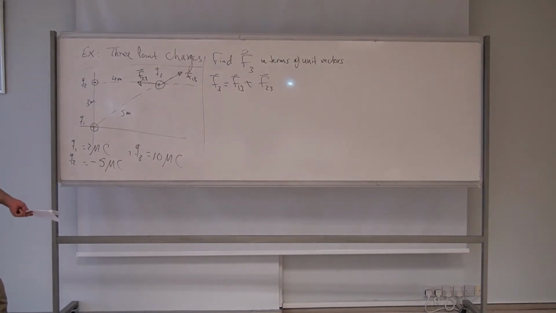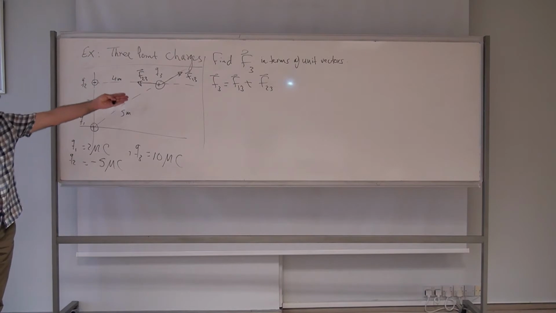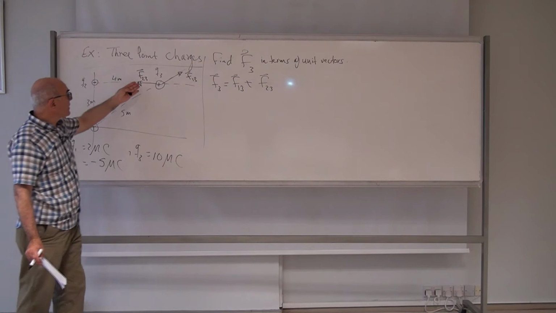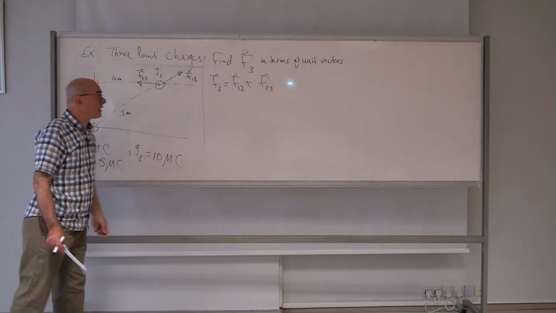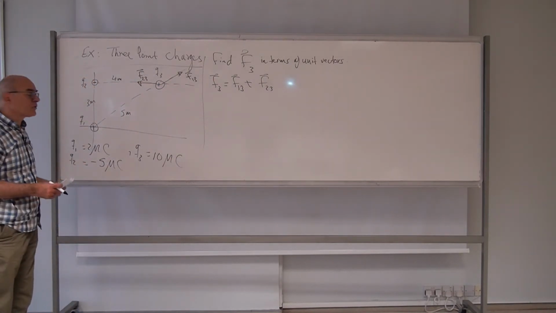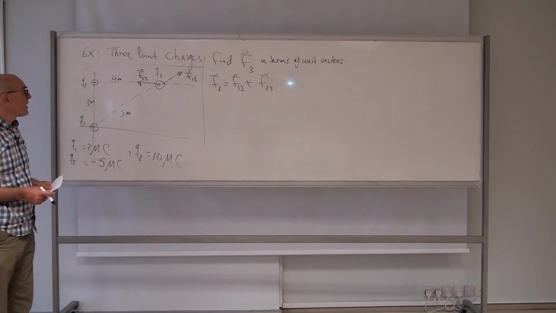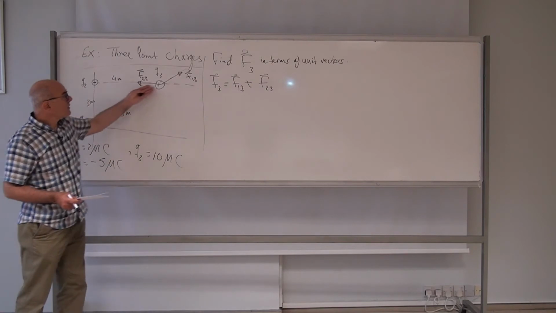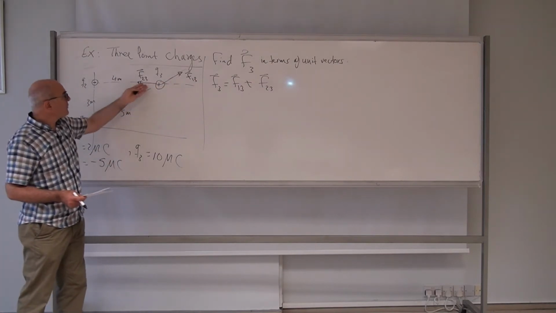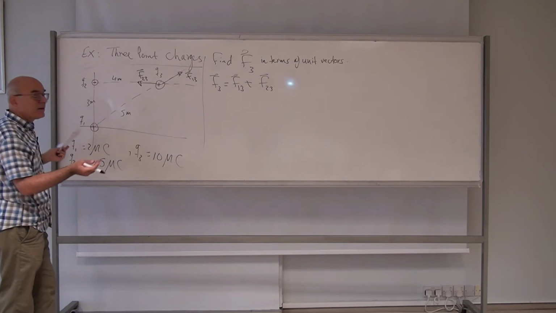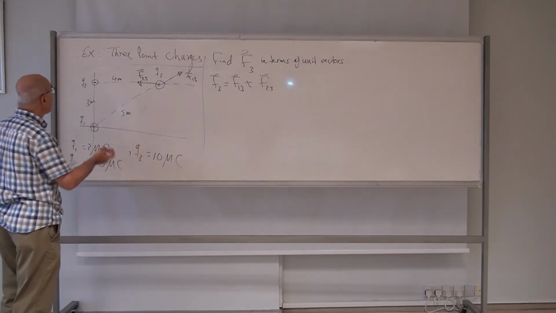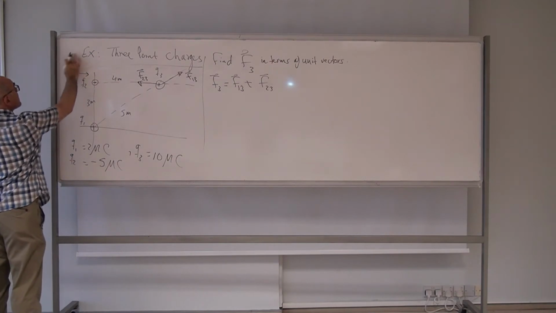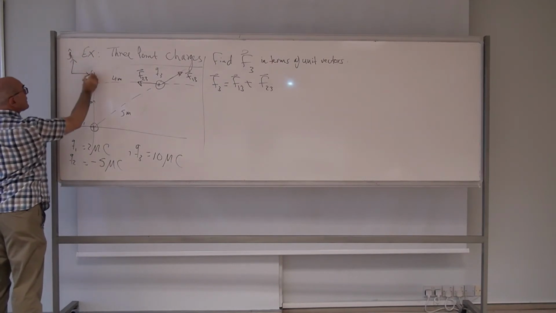Now, what I need is the vector form of F3. So I need to add up F23 and F13 vectorially. The best tool for this is to use unit vector notation, and therefore I have first to find what F23 and F13 are. F23 is already along minus i hat, because you remember this is j hat and this is i hat.